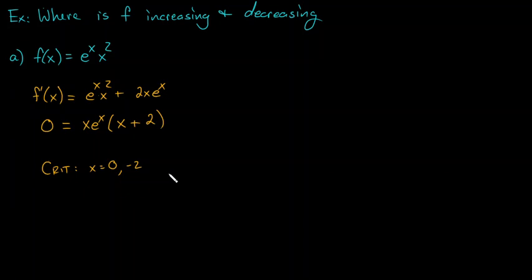Okay. For this, I need to check. I'm going to make a number line, and on this number line, I'm going to put the critical numbers. Here's 0, and here's -2. Now, if I want to know if it's increasing or decreasing, I just need to know the behavior of f or f prime. Which one's going to tell me if it's increasing or decreasing? f prime's going to tell me.